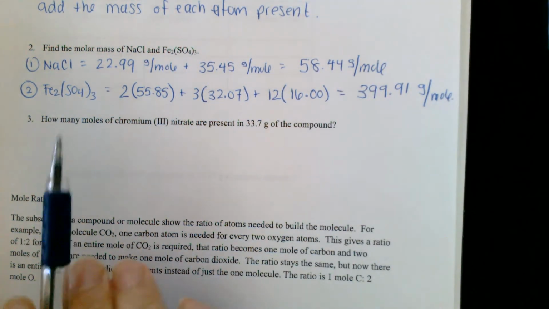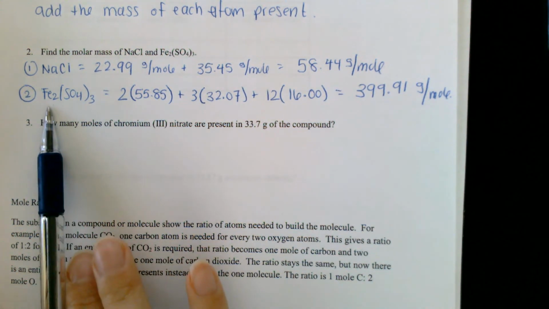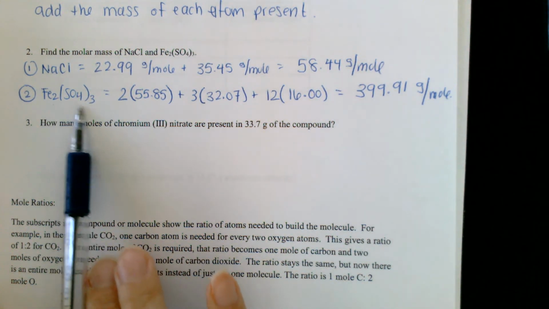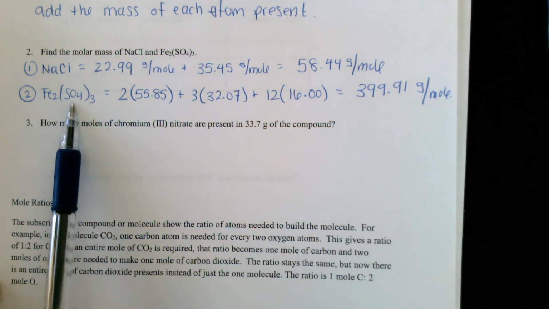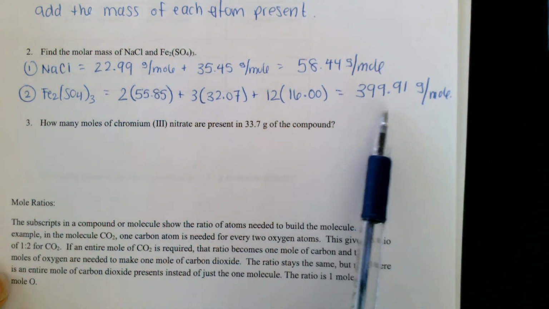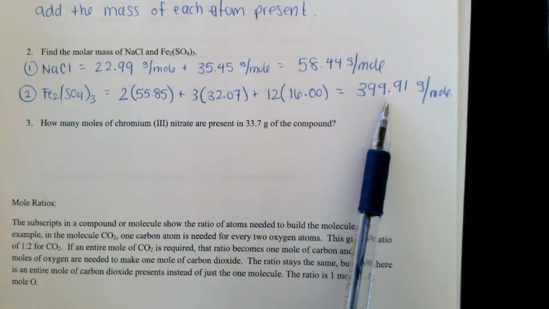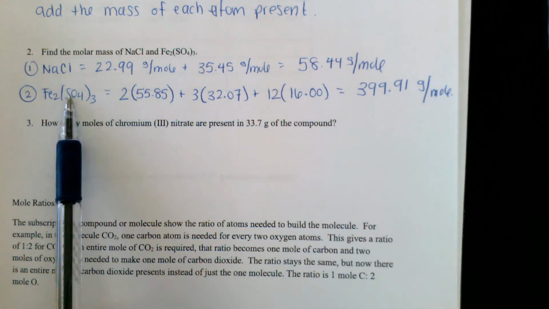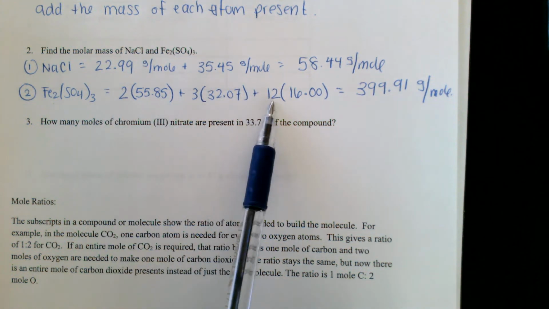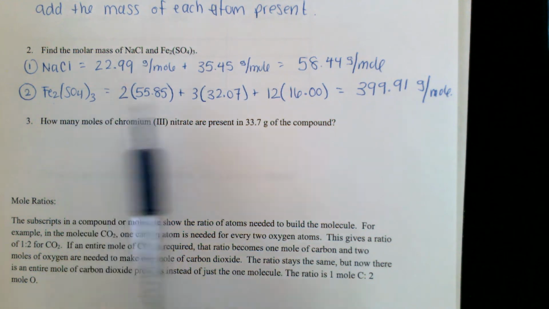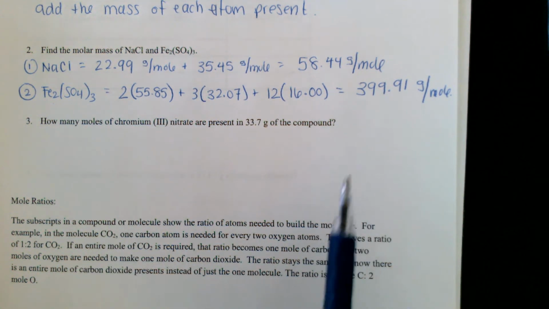So this compound is much larger, with 2 irons, 3 sulfurs, and 12 oxygens. To get 1 mole of this very large compound, we need almost 400 grams. It's a lot larger because it has 2, 3, plus 12, 17 different atoms that make up this compound. So its molar mass is quite a bit larger.